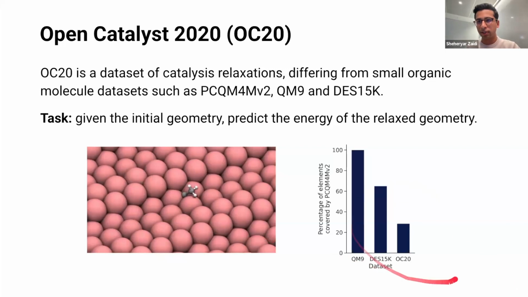You can see that over here: the atomic types that appear in OpenCatalyst are quite different from PCQ. There are multiple tasks, but one that we played with is: given the initial geometry, a high energy geometry, predict the energy of the relaxed geometry.